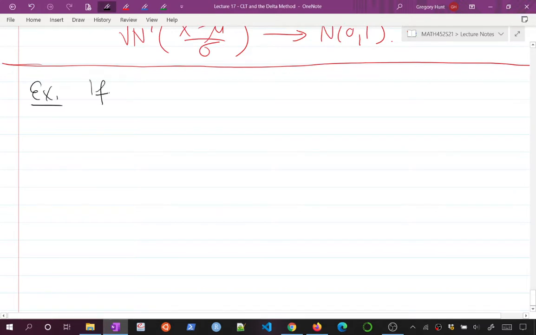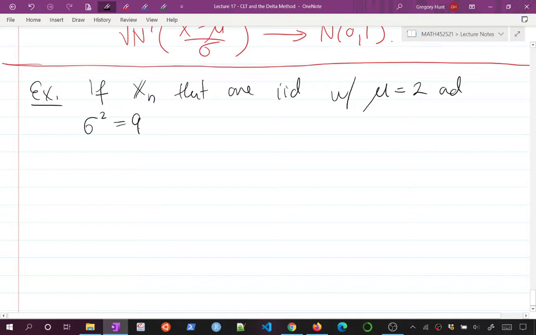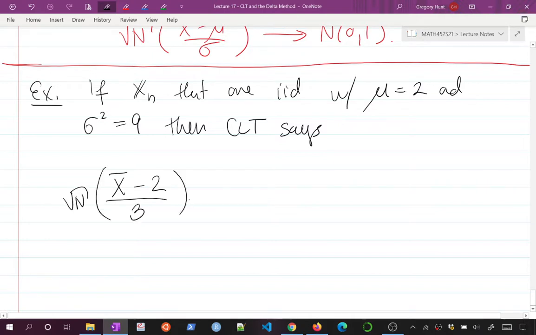If I have some Xn's that are IID with a mean mu, which is maybe 2, and a variance sigma squared, maybe 9, the CLT says that if I look at X bar, subtract off the mean, divide through by the standard deviation, and multiply outside by root n, this will, with a large enough n, converge distributionally to a standard normal.